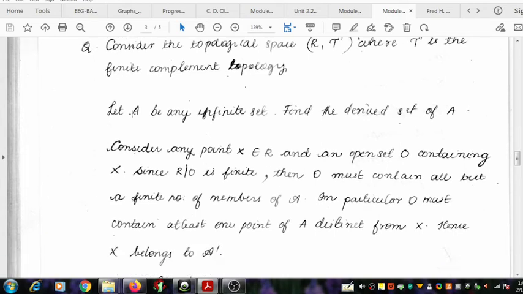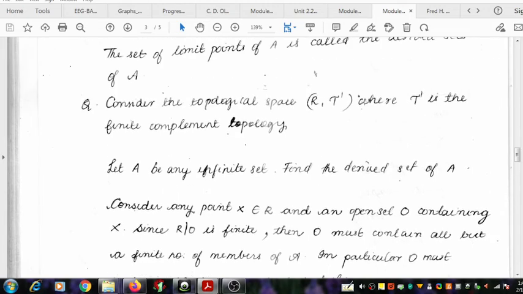Since we want to find the derived set of A, it must contain all limit points of A. Therefore, we want to obtain all limit points of A. But where should we search for these limit points? Since A is a subset of the mother set capital R, the set of real numbers.